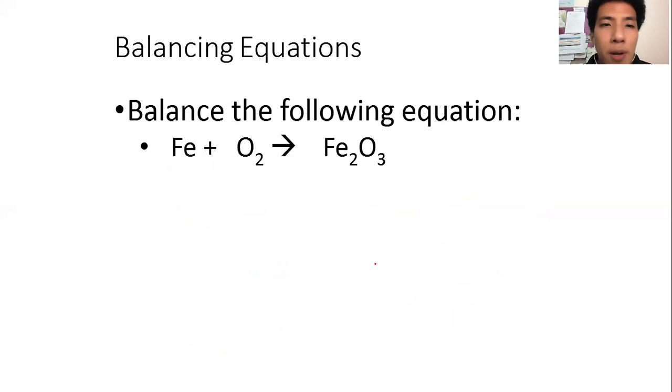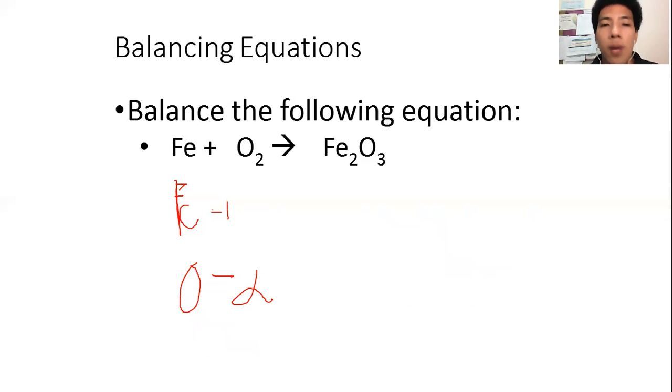So let's inspect first what are the elements in the reactant side. The reactant side is Fe. We have 1. And for the oxygen, we have 2. And for the iron on the other side, we have 2. And for the oxygen on the other side, we have 3.